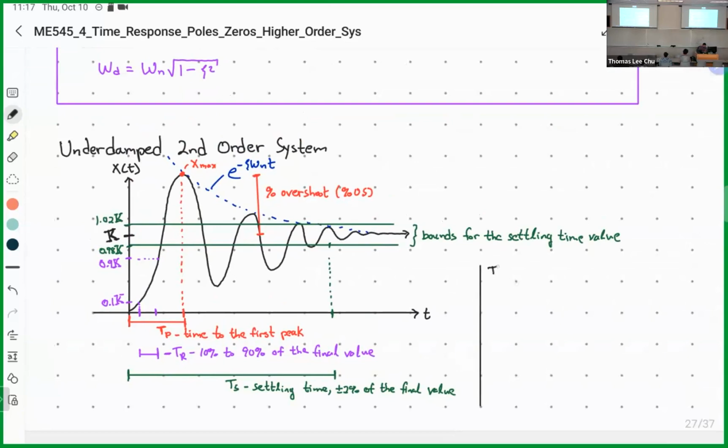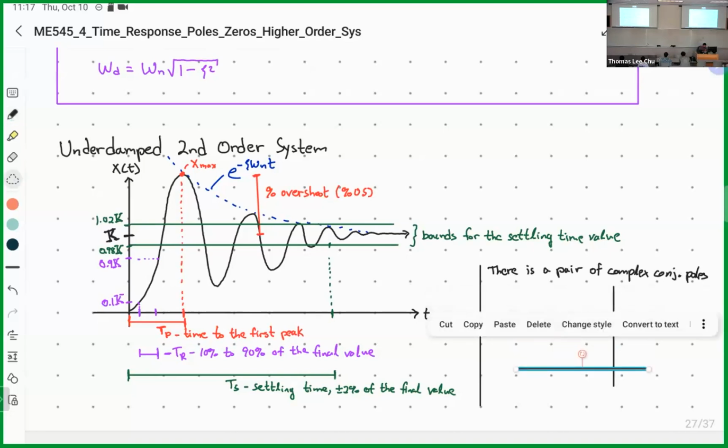So there are two poles, and they're actually a pair of complex conjugate poles. The thing about this is that you can actually get a lot of information from just one pole, and we're only going to look at one of them.